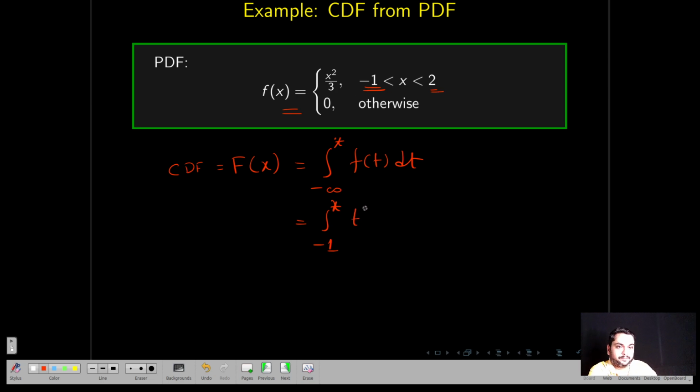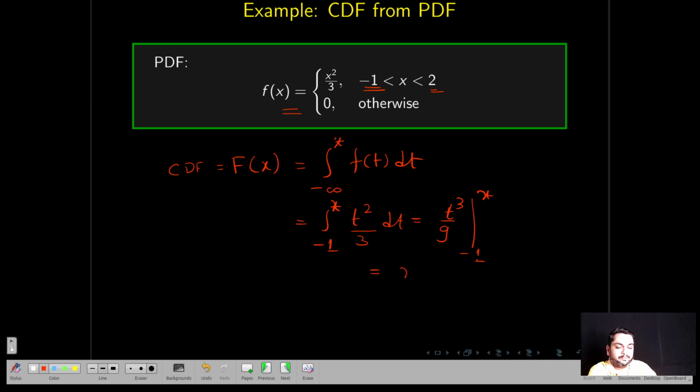So t square divided by 3 dt. Now you integrate this. It will be 1 by 9 of t cube, from minus 1 to x.